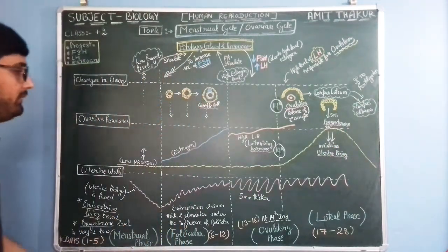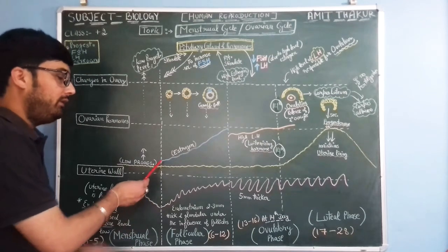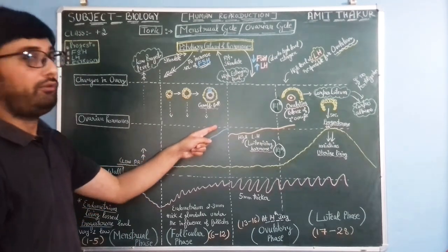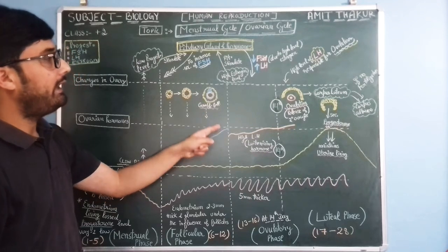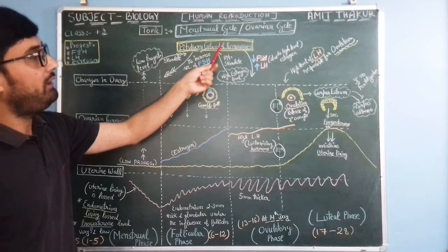Similarly, the ovarian hormone, which is estrogen, its level becomes very high during the follicular phase, and because of its high level, this stimulates the pituitary gland.